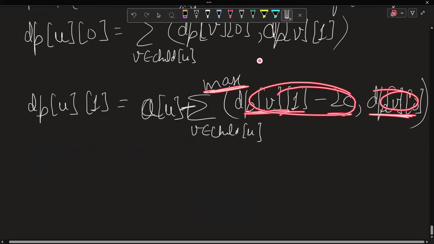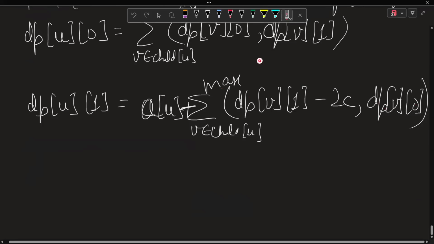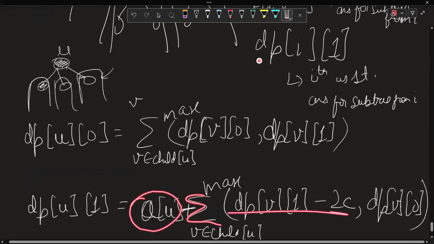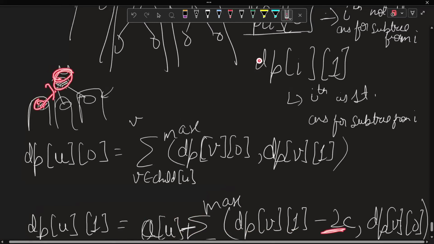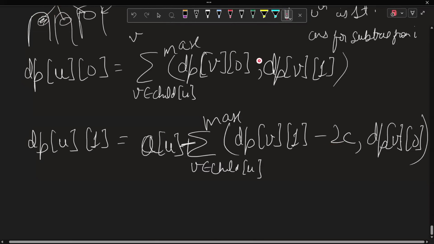That would decide whether you would select or not. Do it for all the children, plus a[u], which is the contribution of this node. And whichever neighbor is selected would reduce it. So that is done, you don't need to worry about that. I hope the transitions are clear now. So these would be the transitions for the DP states.